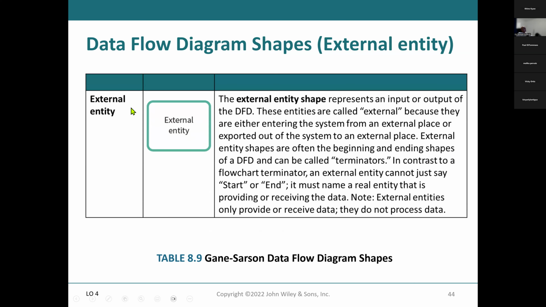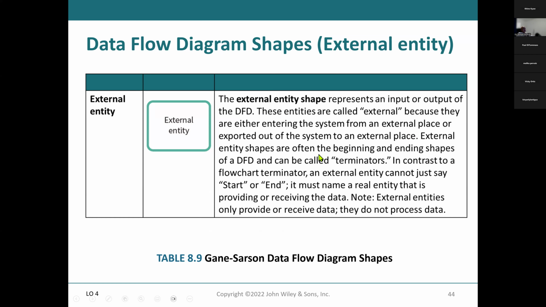So external entity, the external entity shape represents an input or output of data flow diagram. These entities are called external because they are either entering the system from an external place or exported out of the system to an external place.